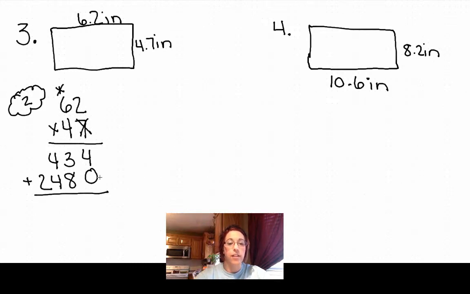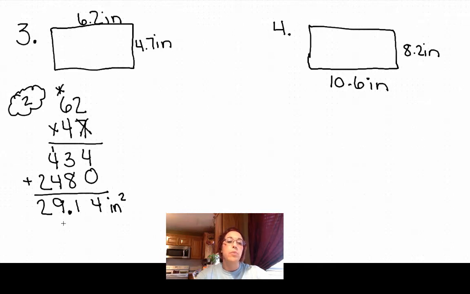We add our products together. 4, 11, 9, and 2. Check our decimal cloud. Come over 1 over 2. Put the decimal in. We add our units, inches, and we square them because it's area.